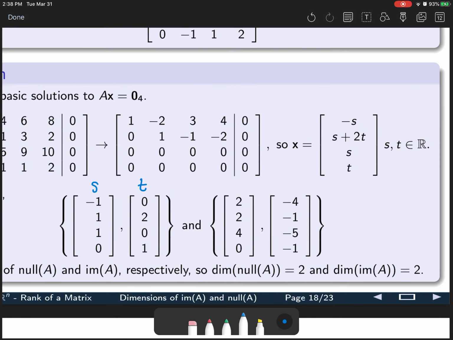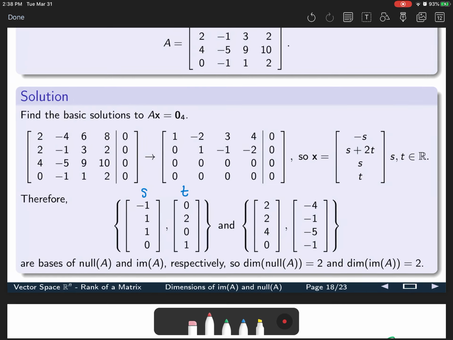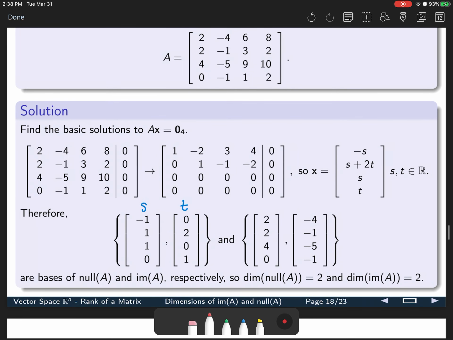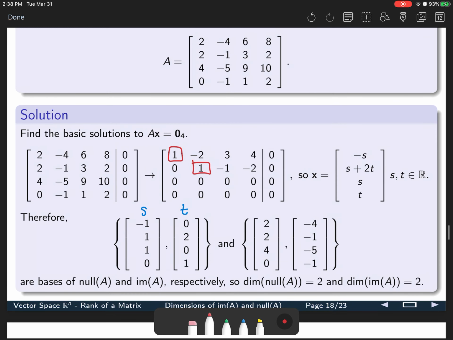And then these other two vectors are in the image of A. Just like the last problem, we see that we have two pivots in the first two columns of our row-reduced matrix, and we go back to our original matrix and choose those corresponding columns for the basis of our column space.